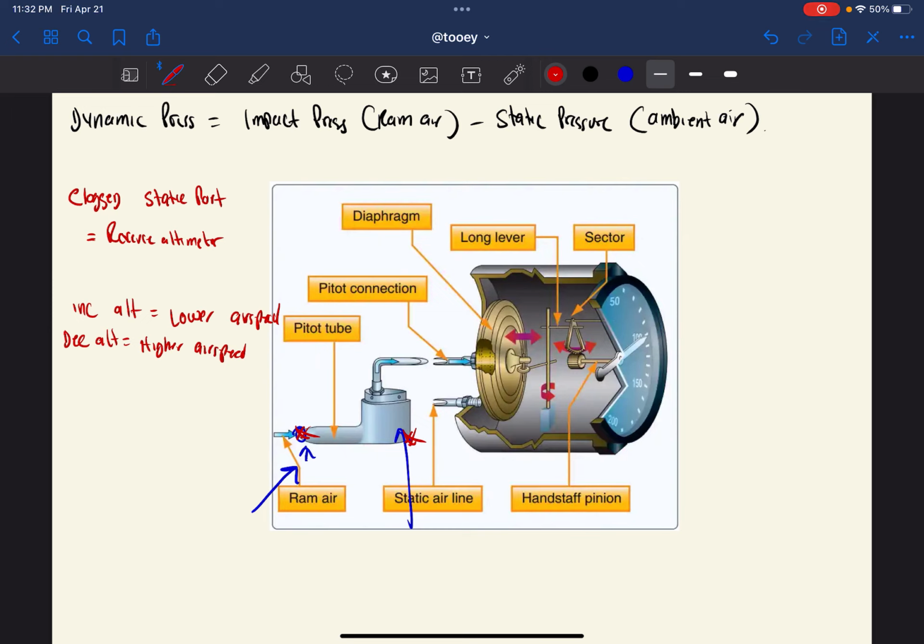Something you could do for that is use alternate static air. Another thing is, if you are flying in IMC and you notice that your airspeed indicator just dropped to 0, then you can suspect a pitot tube inlet clog situation, and it's just going to stay at 0.